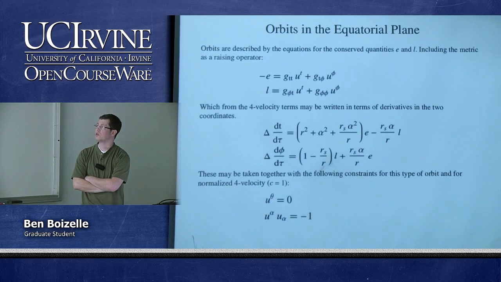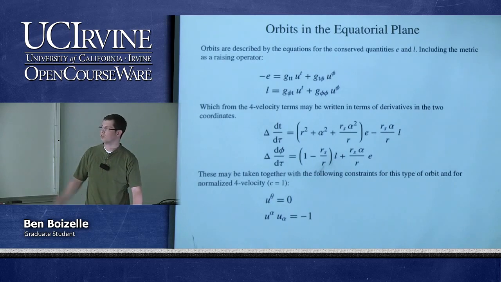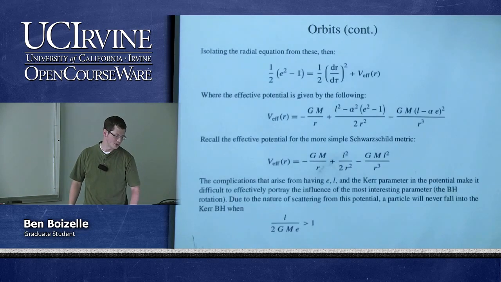The additional things, as you are in the equatorial plane, you can say that there's no velocity component in the theta direction, and that with c equals 1, your 4-velocity squared is going to be equal to -1. With all these constraints together, you're able to determine what the r component is, how r changes with proper time.